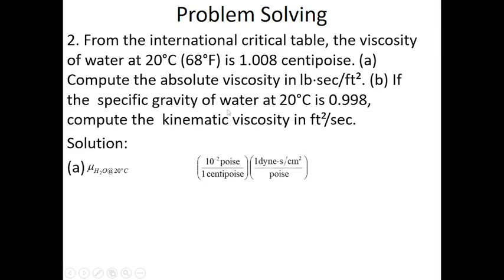So we have 1.008 centipoise. We will just multiply. For every centipoise, 10 to the negative 2 poise, because centi is 10 to the negative 2.